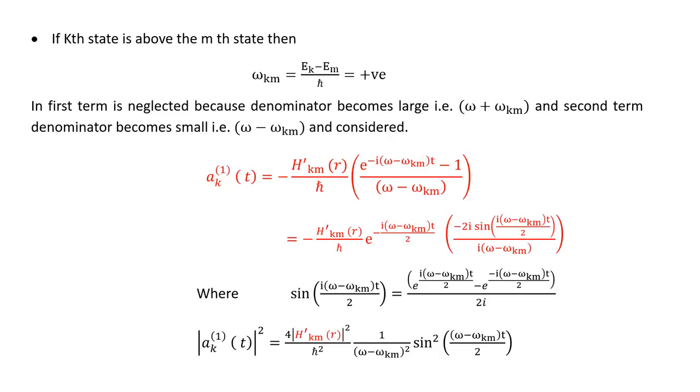Now assume the kth state is above the mth state, then omega km is equal to Ek minus Em upon h cut, and kth state is above to mth state, so omega km is positive.